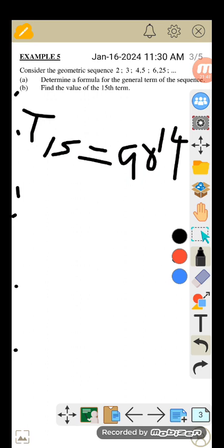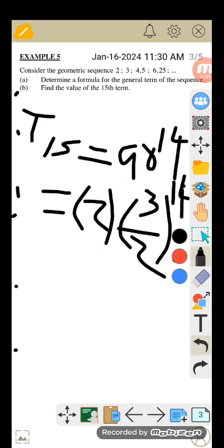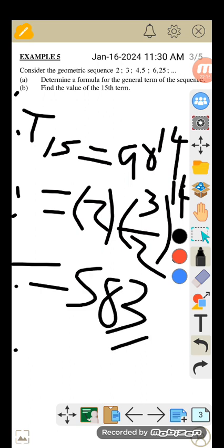Your first term is 2, remember, and your common ratio is 3 over 2, all to the 14. Then you will still get your answer, which is 583.86.